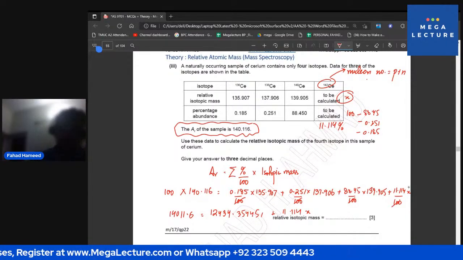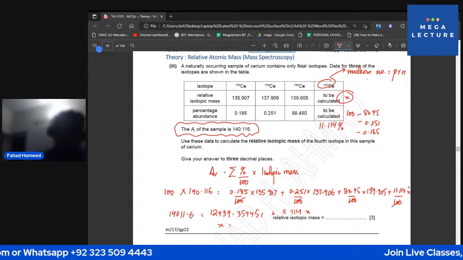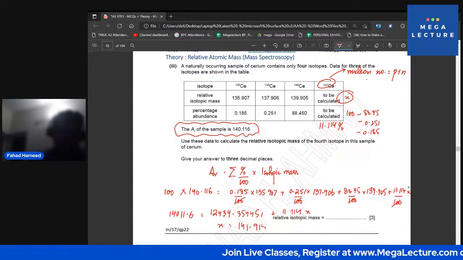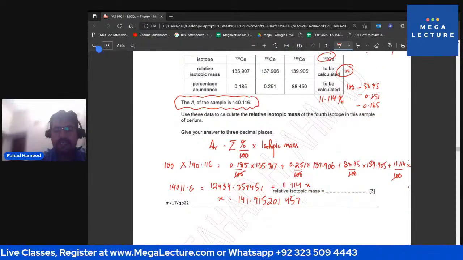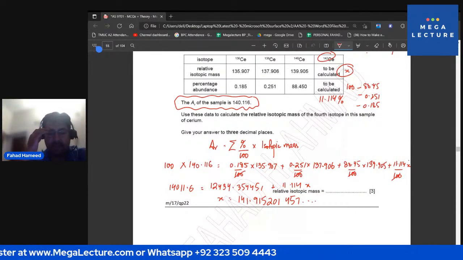And when I solve this, x comes out to be 141.915201457. The calculator is giving me a big value, so there are three more decimals after that.